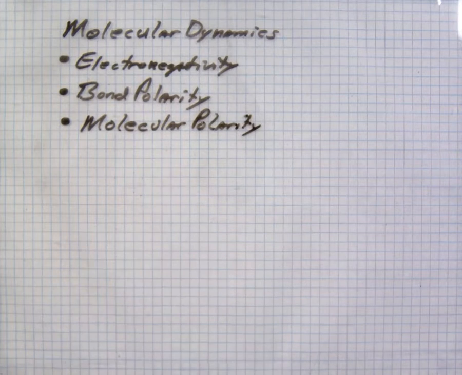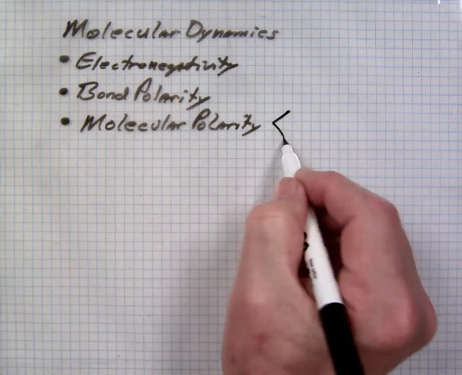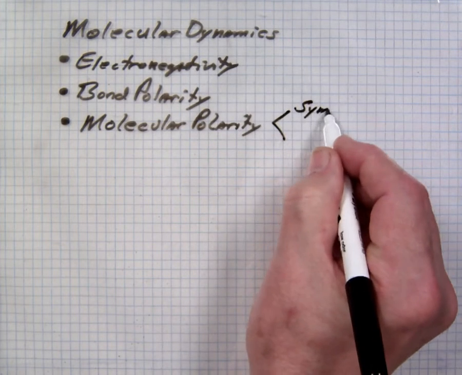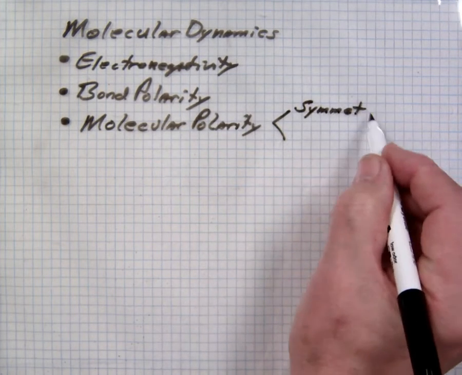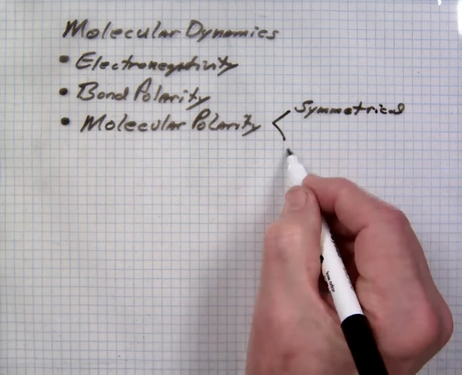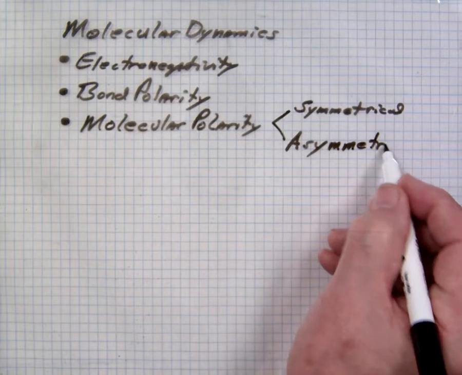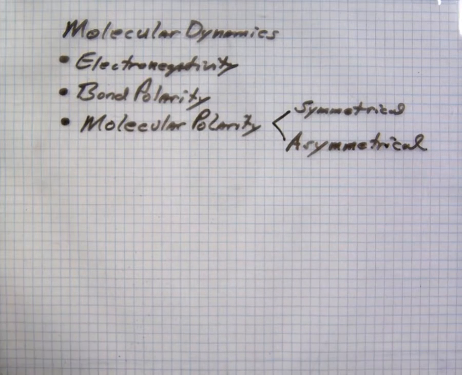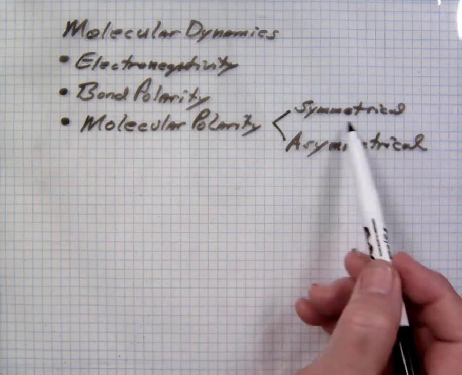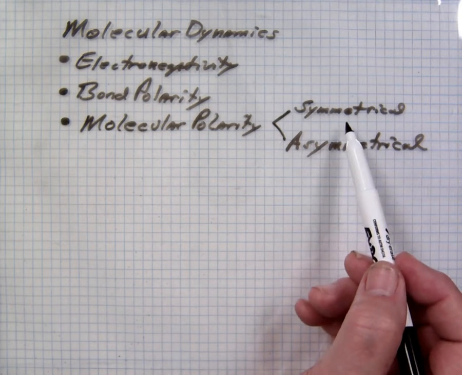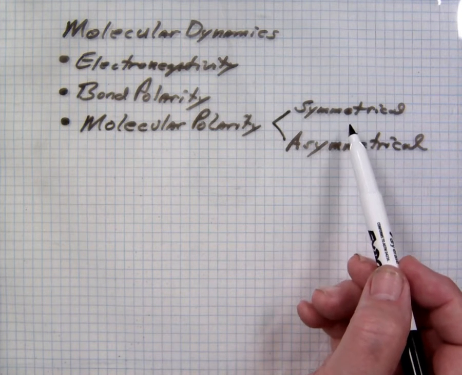And the two words that go with this are symmetrical and asymmetrical. I'll put those up there. And what this means, if it's still fuzzy somewhat, symmetrical means the electron clouds are distributed around the molecule very evenly.